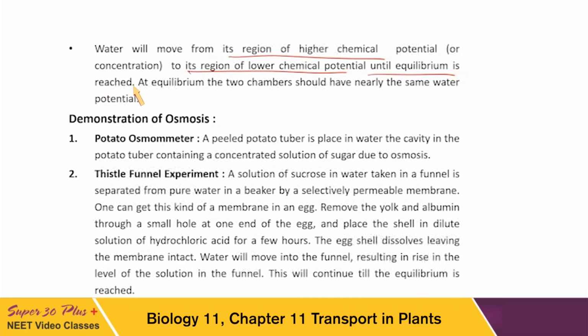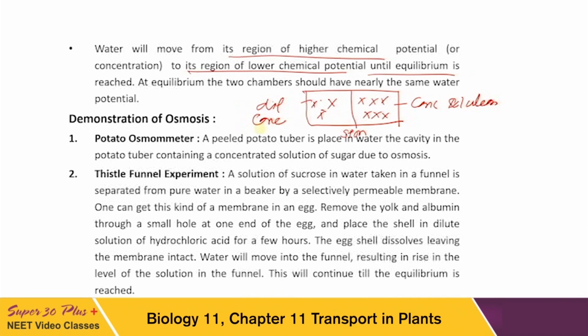In osmosis, the two solutions are separated by a semi-permeable membrane. Let here we have solute molecules, and here the number of solute molecules is more. So we'll say that this solution is dilute and this one is concentrated. In terms of solutes, this is dilute and this one is concentrated, but in reference to water, the water molecules will be more here.